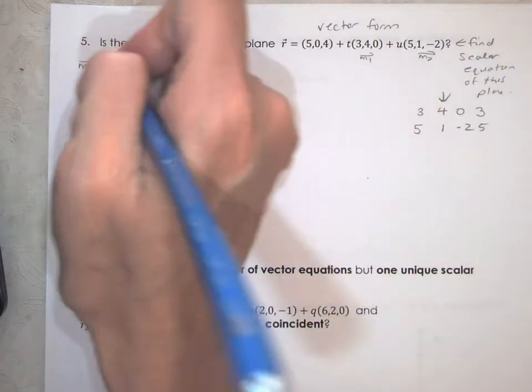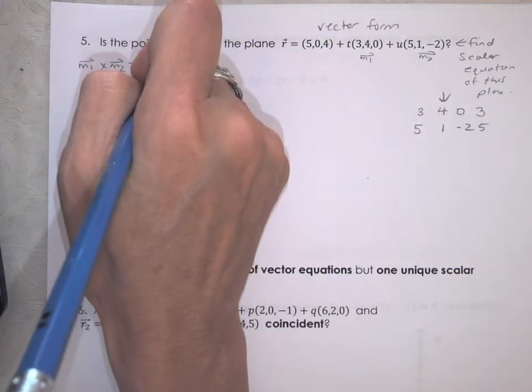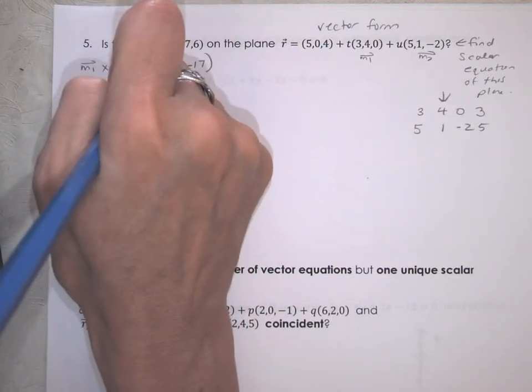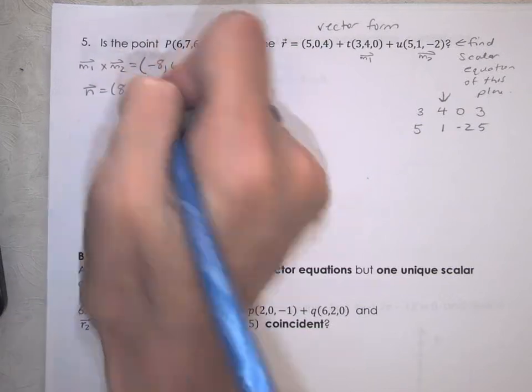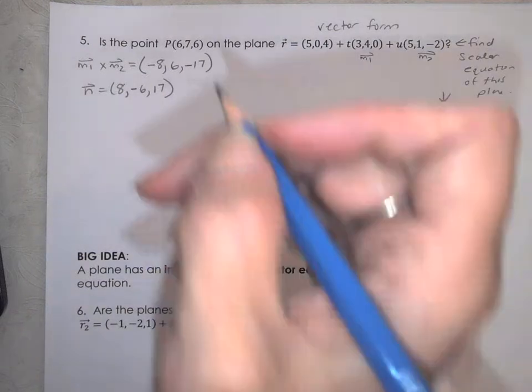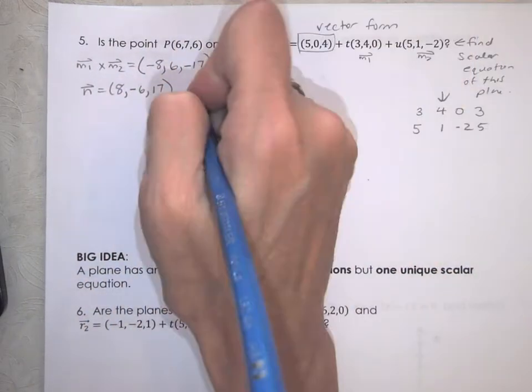And I'm going to have my normal be, because I know the coefficient of x should be positive, so I'm just going to take a scalar multiple, multiplying each by negative 1. And we know that Q, a point that we know is on the plane, is 5, 0, 4.